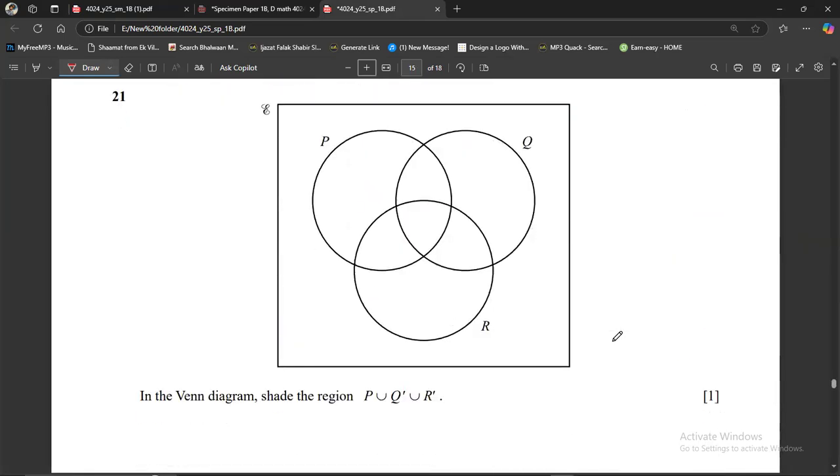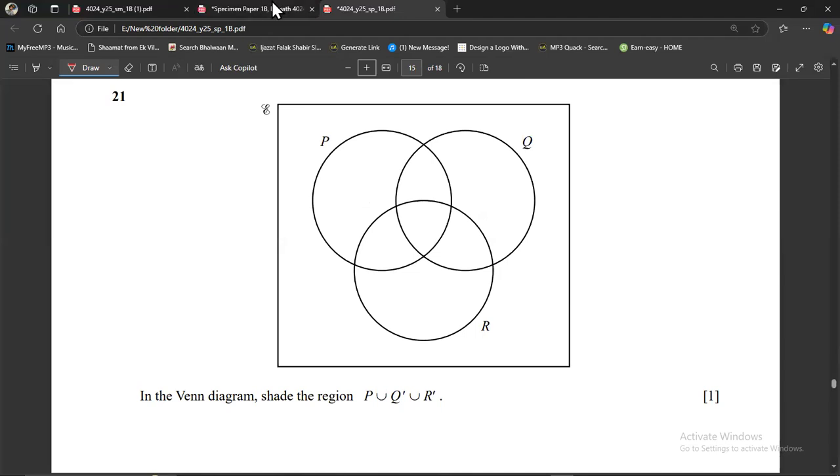So we have question number 21. In the Venn diagram, shade the region P union Q complement union R complement. So the area which is outside the Q, the whole area which is outside the Q, and the whole area which is outside the R, and the circle P, you have to union them.